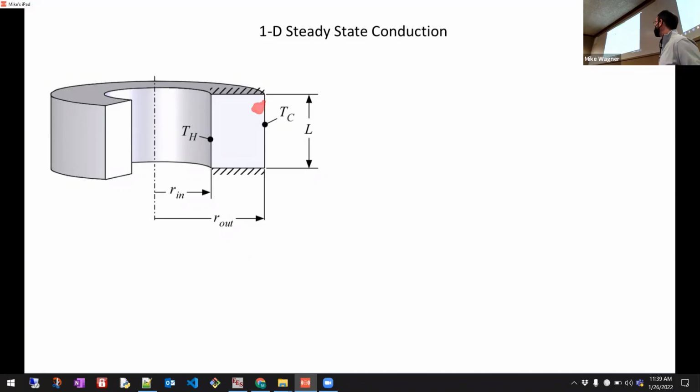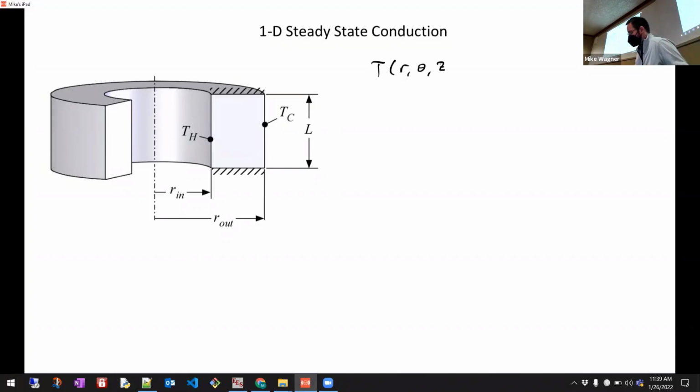All those three coordinates describe the position at which that temperature exists. If I have a spatial variation, let's say in the z direction, or the r direction, or even in the circumferential direction, I've got some temperature profile. It would be T(r, theta, z).